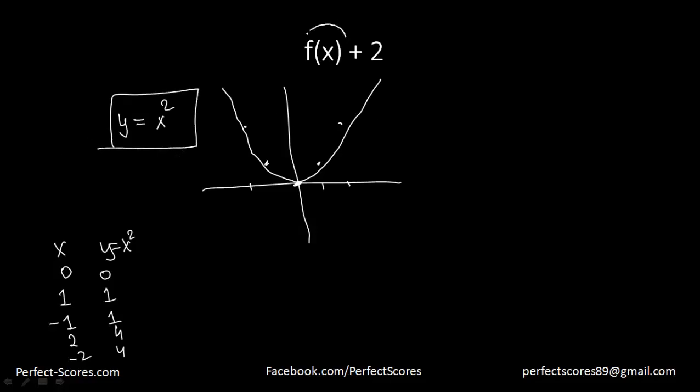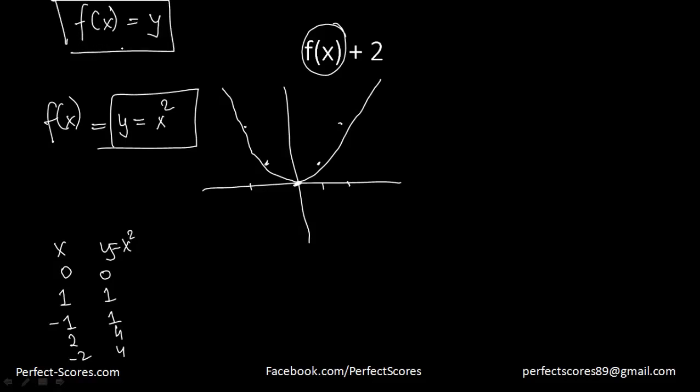Now what is f of x? f of x is nothing but y here, guys. That is the way you denote a function. Now if I say f of x is equal to y, and I do f of x plus 2, that means what will be the graph of x square plus 2.